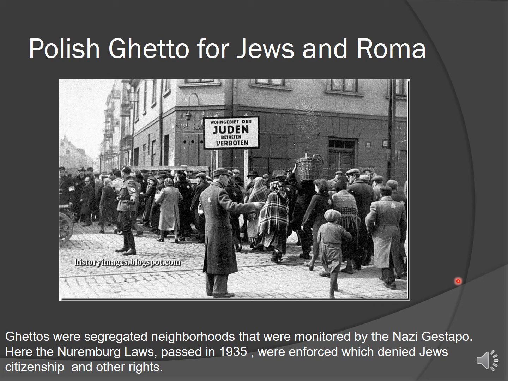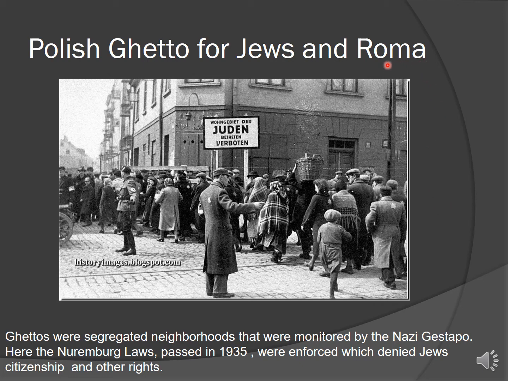It forced Jewish people to live in these segregated neighborhoods known as ghettos. These neighborhoods were oftentimes fenced off, as this one is in this picture, and they were subject to curfew. They were subject to strict restrictions on movement. And it was basically meant to discriminate and to segregate the Jewish population.